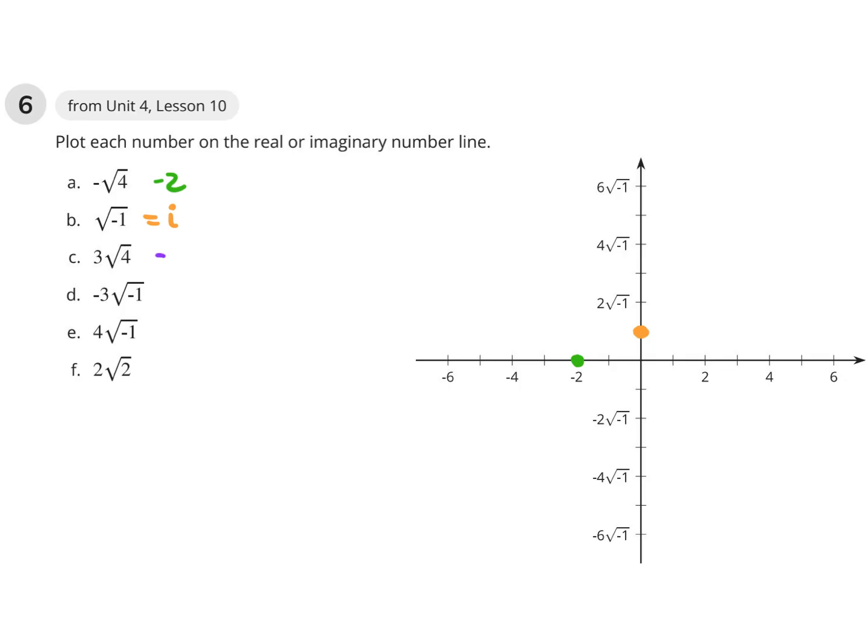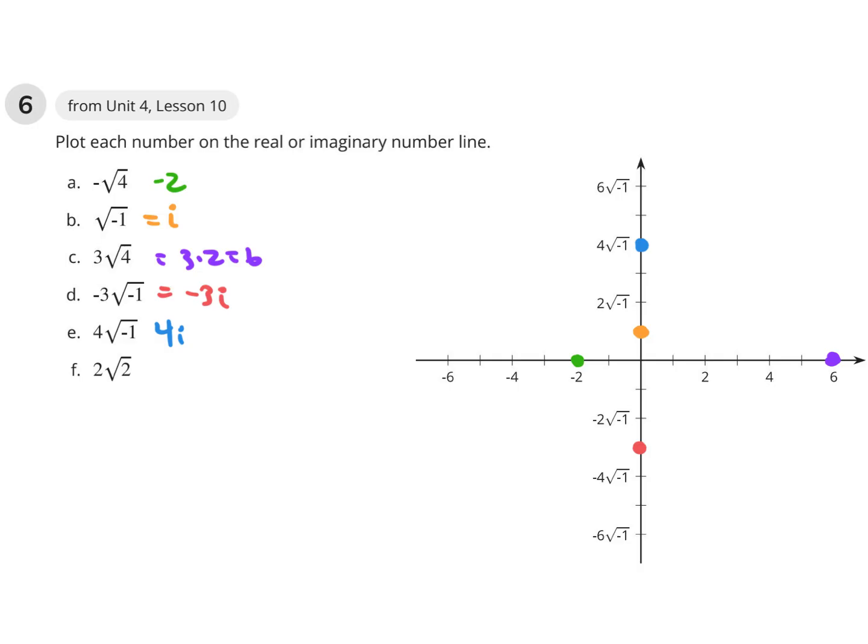Root 4 is 2, so this equals 3 times 2, which is 6. And that goes there. So the next one is negative 3i, which is down here. The next one is 4i, which goes up here.